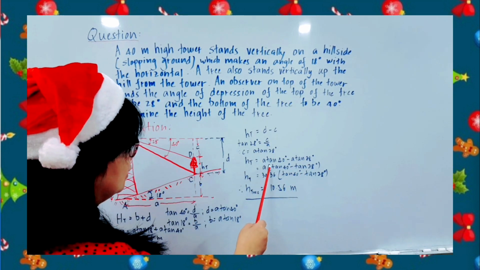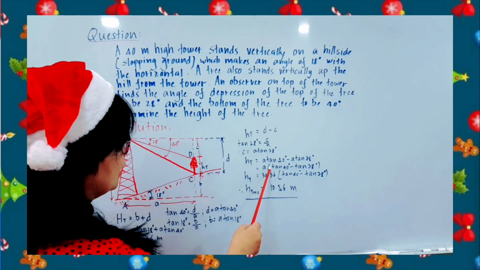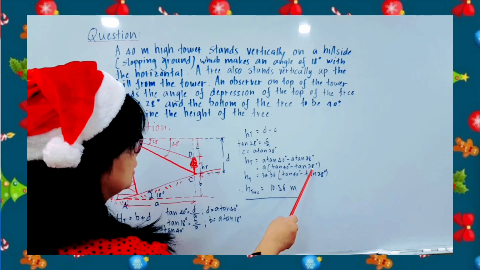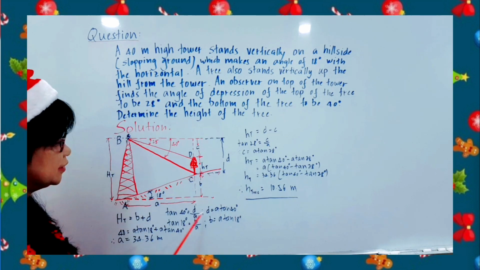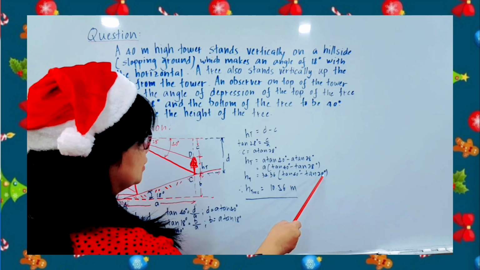Grouping this together, taking the A out, because it is common. Therefore, A times, parenthesis, tangent 40 degrees minus tangent 28 degrees, close parenthesis. Therefore, A, which is equal to 34.36, times tangent 40 degrees minus tangent 28 degrees.